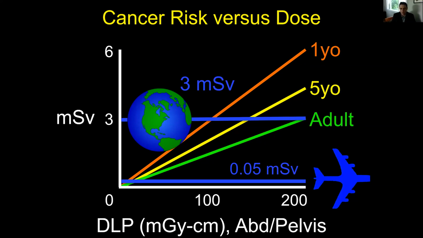Fine. Well, what does that mean? If you were to try and achieve that, you can see that for a 1-year-old, that orange line intersects the blue line at about 100 DLP, whereas an adult is about 200. So you have much less dose to play with if you're trying to achieve the same cancer risk. So 100 for a 1-year-old versus 200 for an adult.